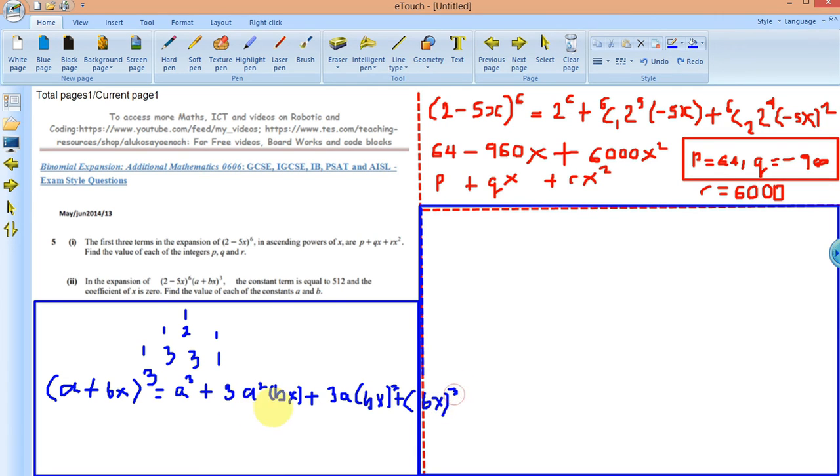So what do I have here now? I think I'll just go ahead and put this one up and this one down. I want to multiply with this.